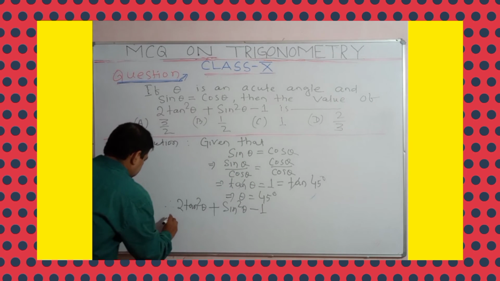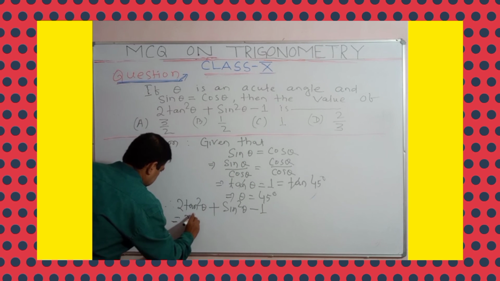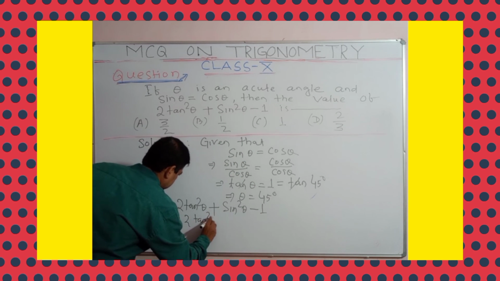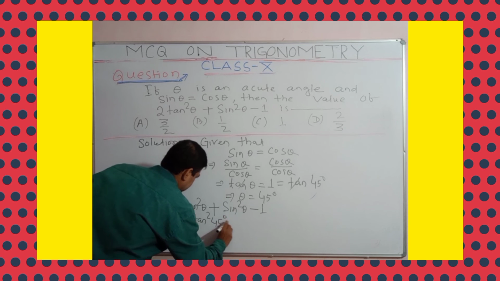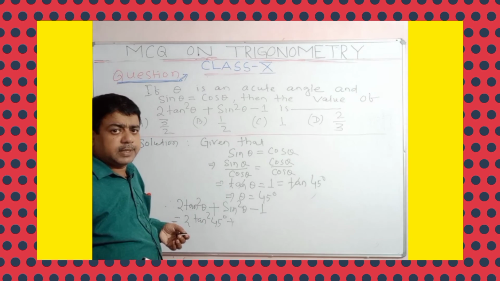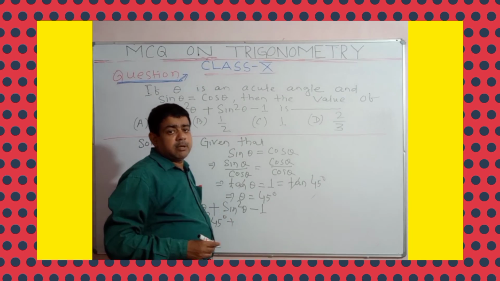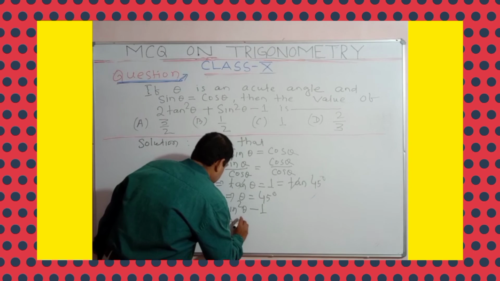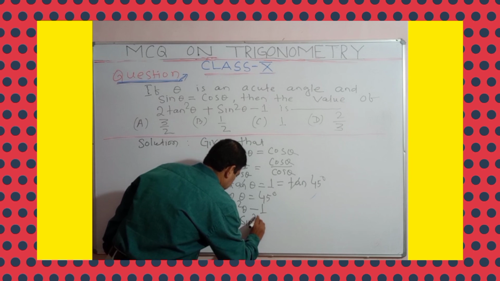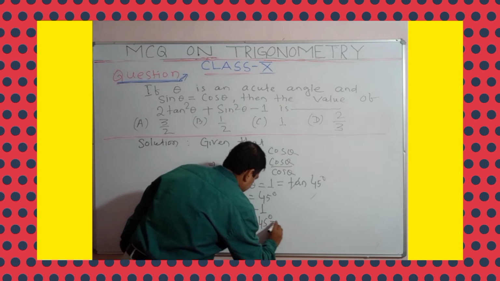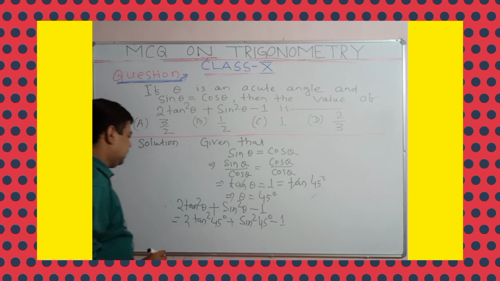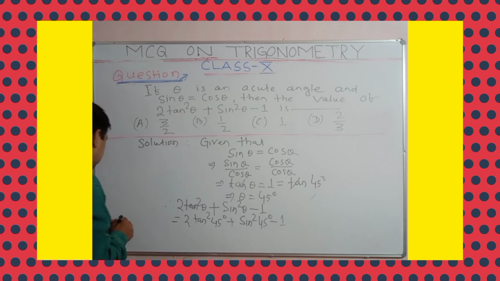Then you can write, hence, 2 tan square theta plus sin square theta minus 1. Here 2 into tan square theta, in place of theta we can write 45 degree. Okay, understand? And in sin square theta you have to write sin square 45 degree minus 1. Okay, is it clear? Yes.